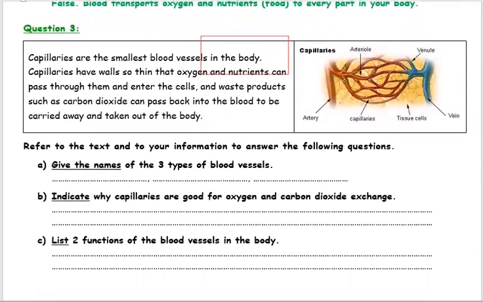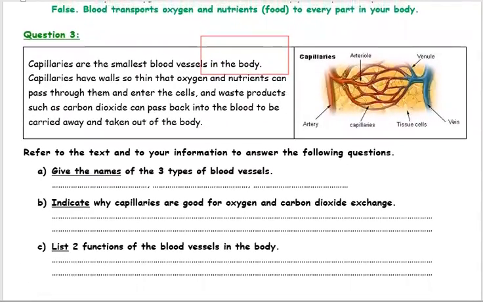Question number 3. We have a small text with a diagram, a figure. I will read. Capillaries are the smallest blood vessels in the body. So you have here the artery. Here we have the vein, and between these two, you can see the capillaries. The capillaries are the smallest blood vessels.